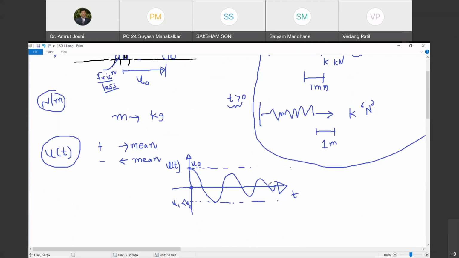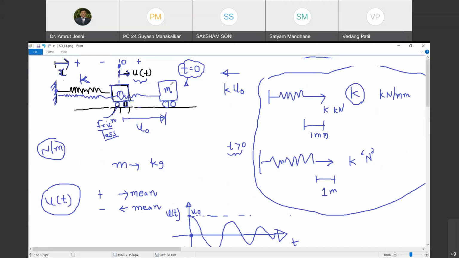This kind of solution should be visible. If you perform the experiment, you will see a graph like this. But if you translate this physical problem into the mathematical domain and solve it, you are definitely not going to get this solution. Let us try to solve this. Are you with me? Yes, sir.